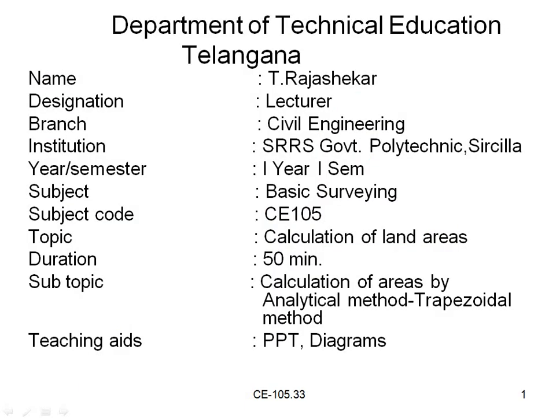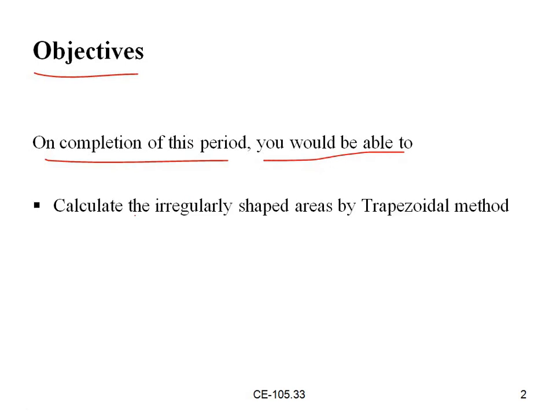So let us see now the next method, calculation of areas by analytical method, that is called the trapezoidal method. Objectives: on completion of this period you will be able to calculate irregularly shaped areas by the trapezoidal method.